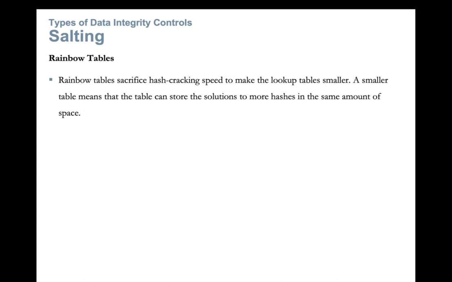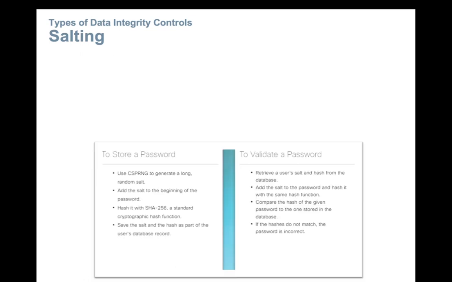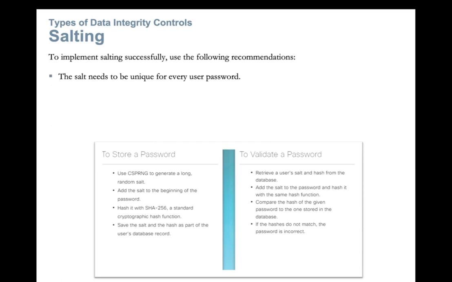Another part: we will dive into implementing salting. Let us see how to implement this salting. To implement salting, a cryptographically secure pseudo random number generator, CSPRNG, is the best choice to generate the salt.